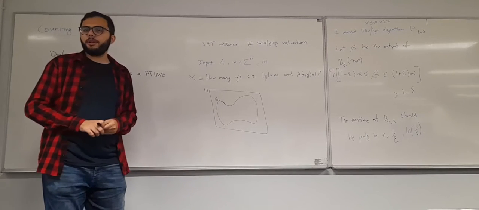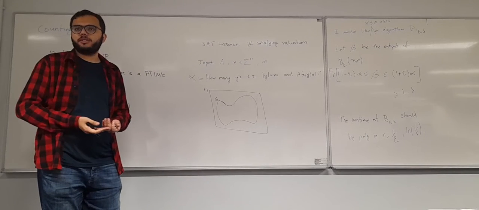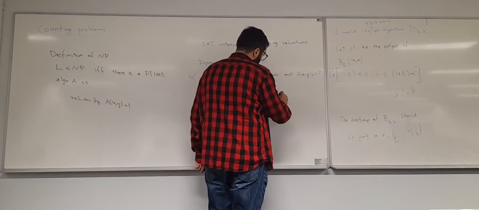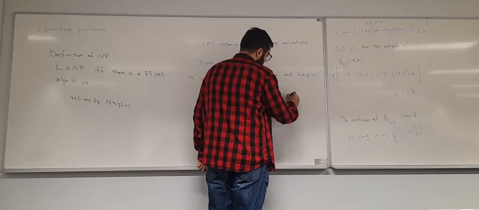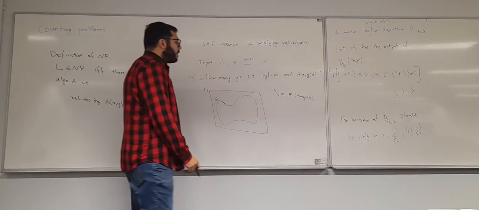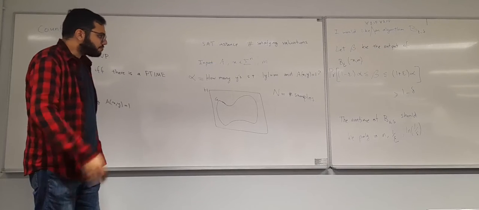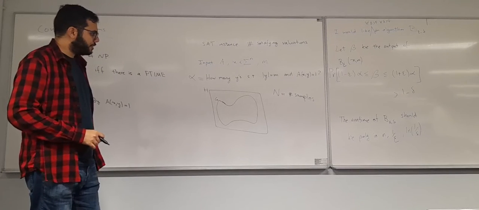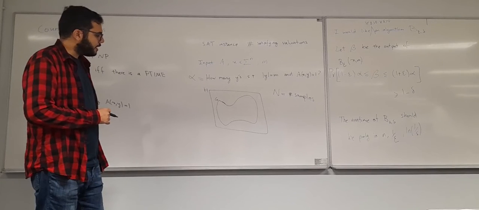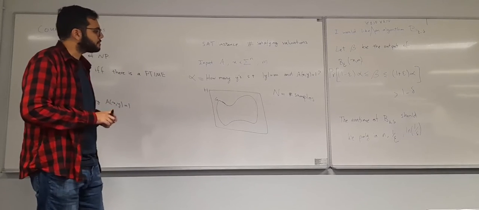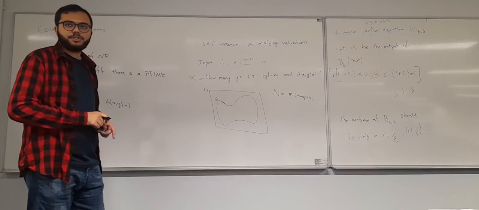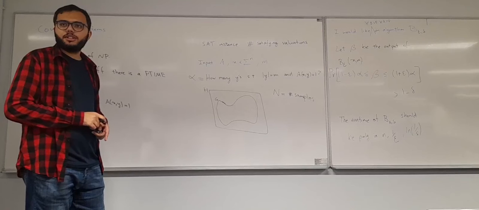Okay? But the problem is how many samples do I need? So let's call the number of samples big N. So let's say this is my number of samples. I'll get back to how we can choose big N. But for now, let's say that I have some big N. So what do I do exactly to find the size of G, to approximate the size of G?